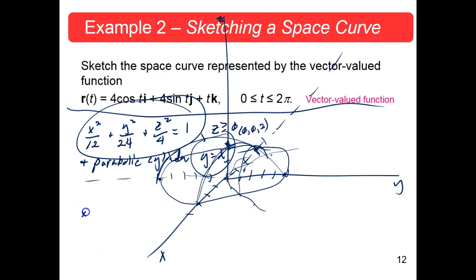So this will be x squared over 12 plus x to the fourth over 24 plus z squared over 4 is equal to 1. So that's going to be the equation of this curve.